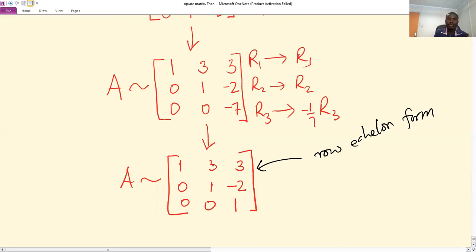Now we expect this position to be 0, this one to be 0, this one to be 0.